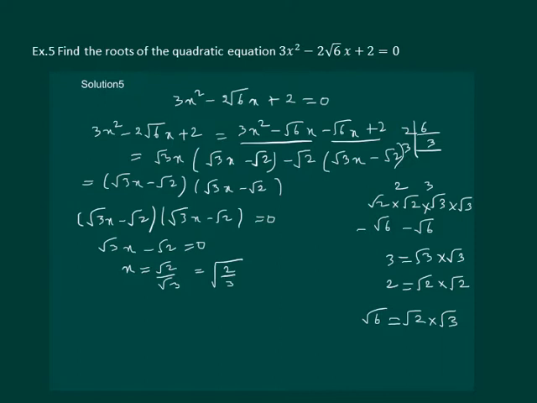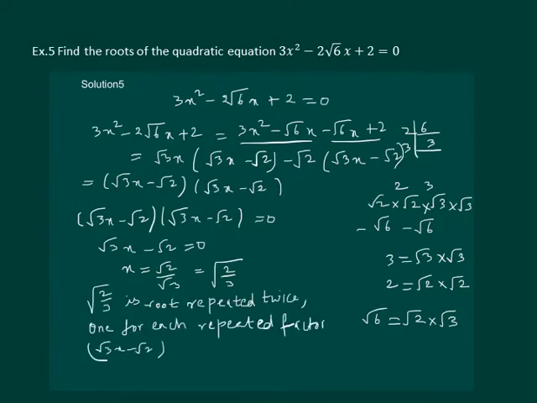We will say that root 2 by 3 is a root which is repeated twice, one for each repeated factor, and therefore we will say that under root 2 by 3 are the roots of the given quadratic equation, that is 3x square minus 2 under root 6x plus 2 equal to 0.